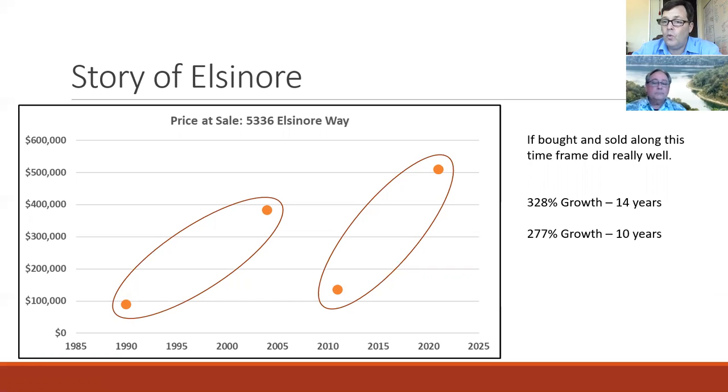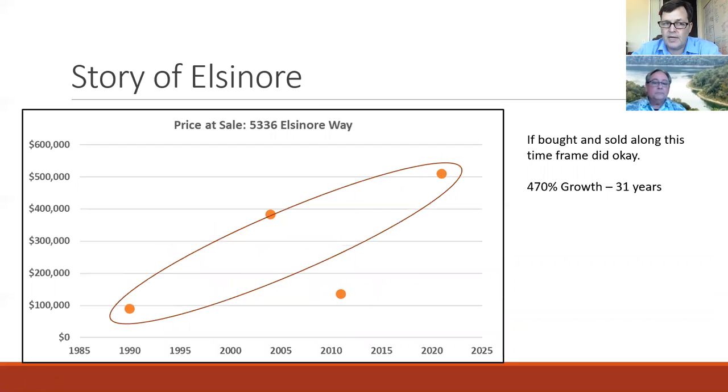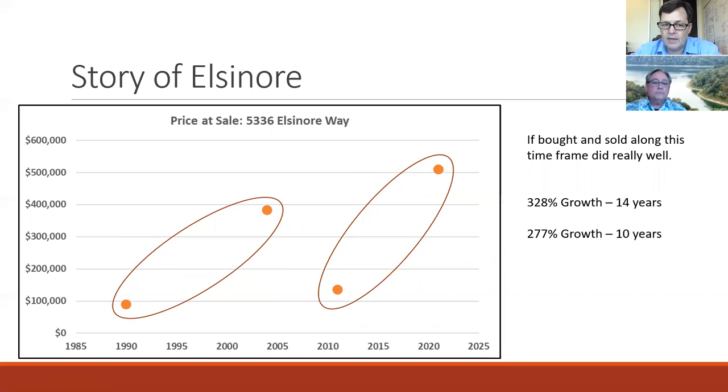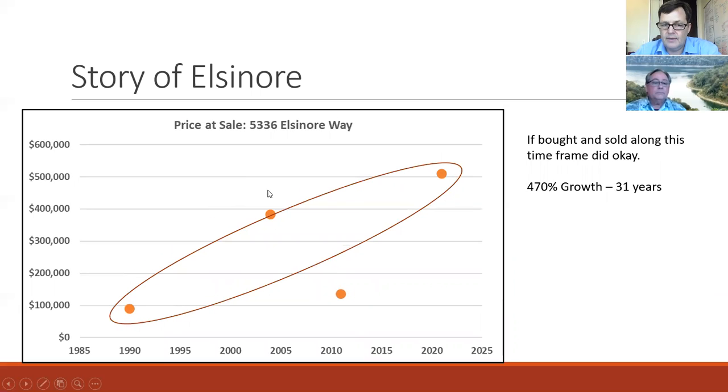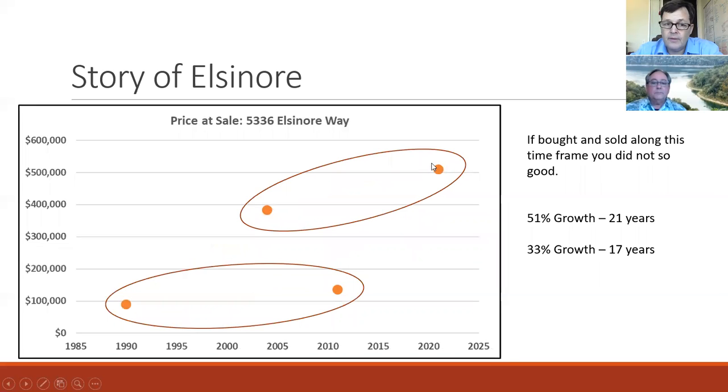These are the things that you want to be purchasing and selling during these time frames, during this part of the cycle. Now, if you didn't sell at the first upturn and you let it go back down again and then sold again at the second one, you still over 31 years had a 470% growth. This is just from the value of the property, so the purchase price of the property itself.